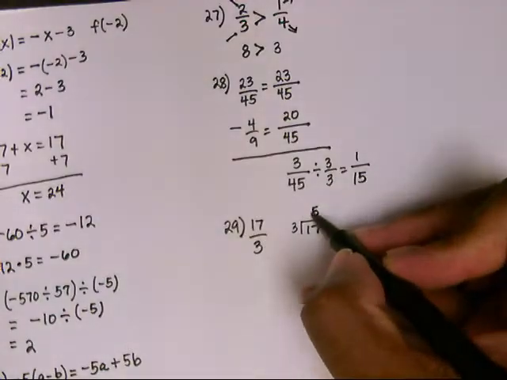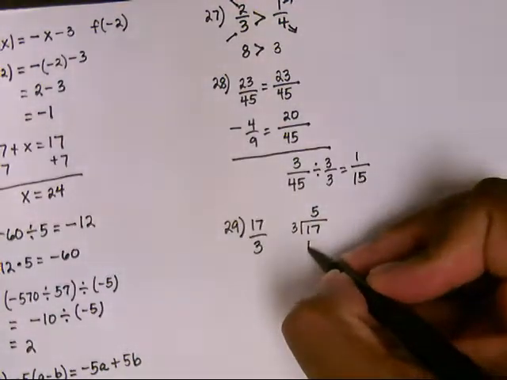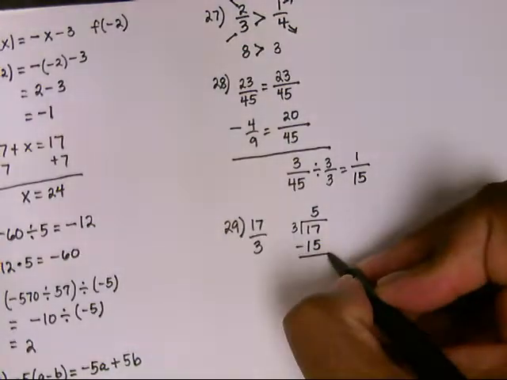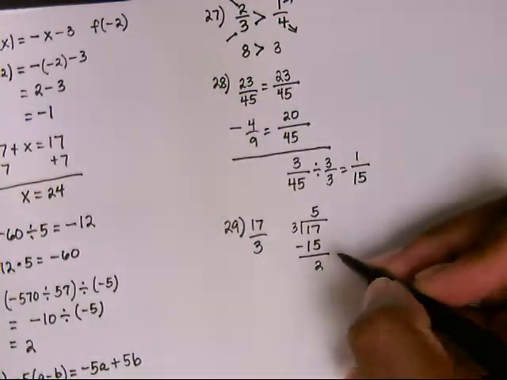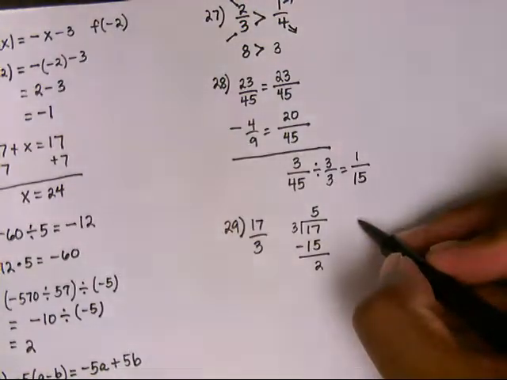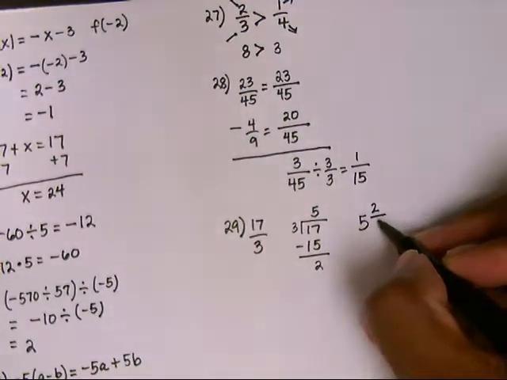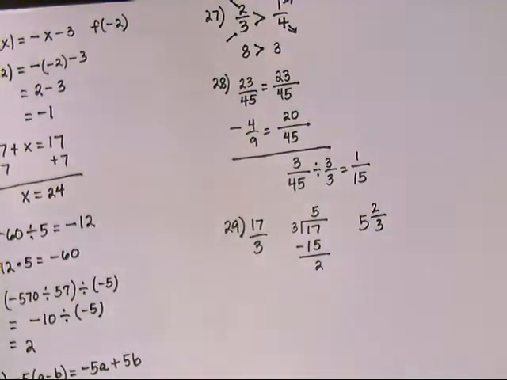That's going to go 5 times. And then 5 times that 3 will be 15. Subtract 15 from 17, you're going to get 2. And that will be your remainder. So as a mixed number, this 5 is the whole number. The remainder is going to be the numerator. Your 3 will be your denominator. So 17 thirds will be 5 and 2 thirds. That's the final answer.